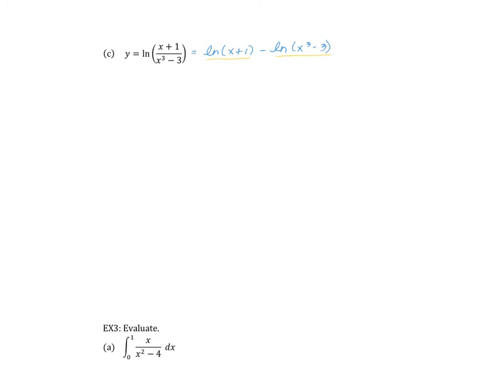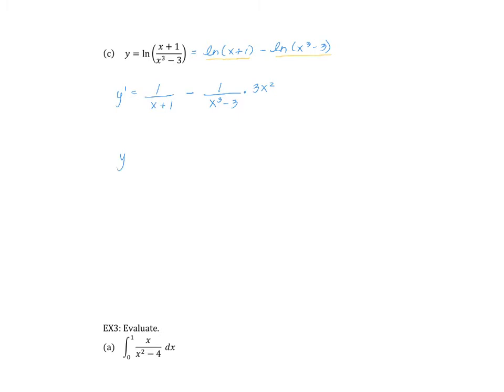It's a lot simpler. So the derivative is going to be, on the first piece, 1 over the argument times the derivative of x plus 1, which is just 1, minus 1 over the argument times the derivative of the argument, which would be 3x squared.